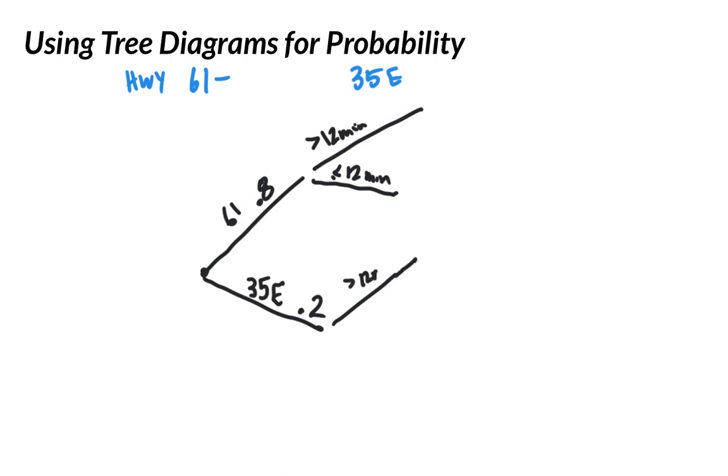Greater than 12, less than or equal to 12. That's what I think is success on a Friday afternoon getting through White Bear Lake. Let's say that on a Friday, this happens about 0.4, like 40% of the time, it takes me longer. Well, of course, then the other 0.6 takes me less.